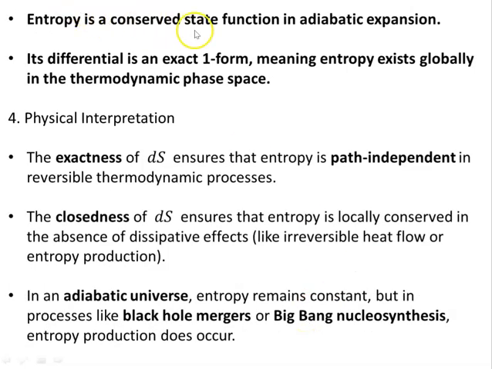All right, entropy is a conserved state function in adiabatic expansion, and its differential is an exact one-form, meaning entropy exists globally in the thermodynamic phase space. Physical interpretation. The exactness of dS ensures that entropy is path independent in reversible thermodynamic processes, and the closedness of dS ensures that entropy is locally conserved in the absence of dissipative effects, like irreversible heat flow or entropy production.